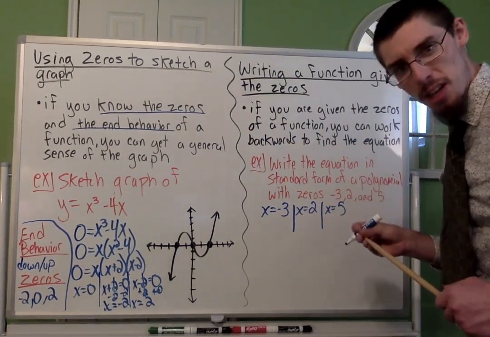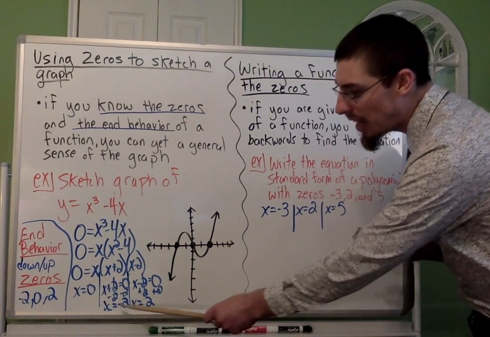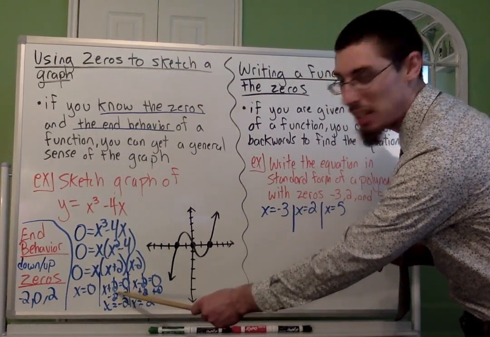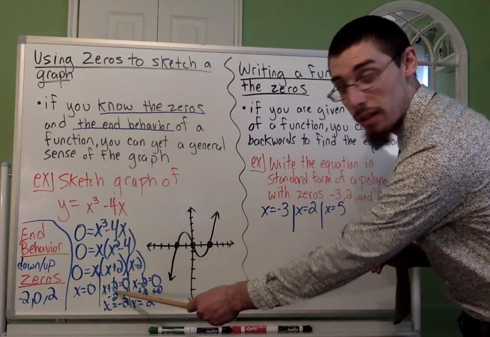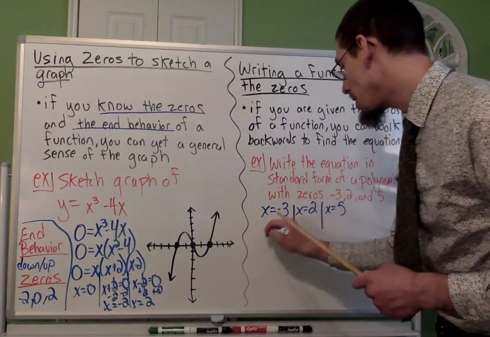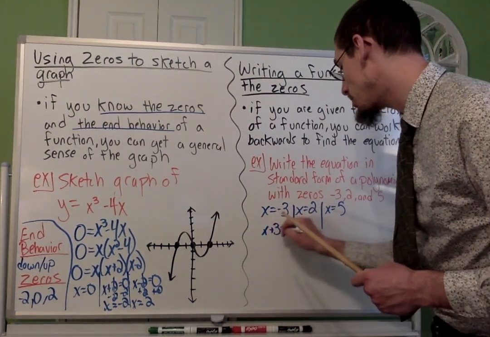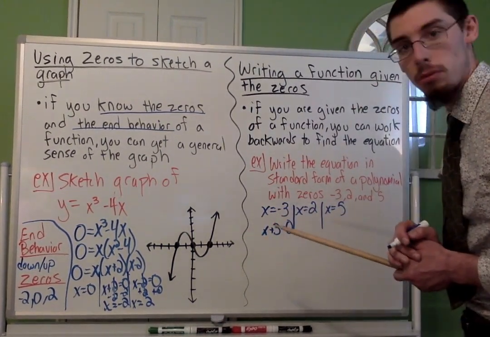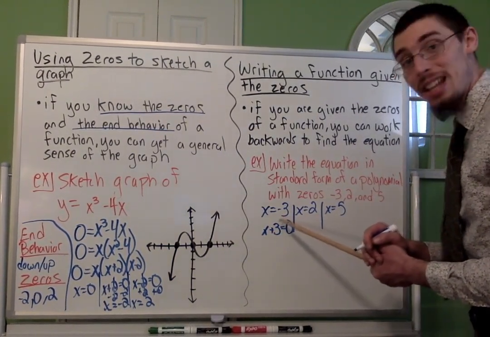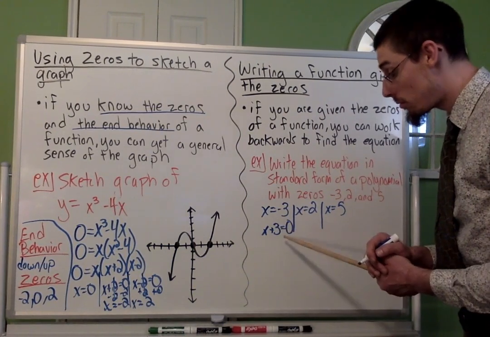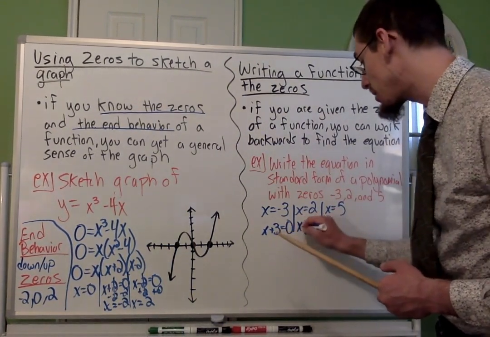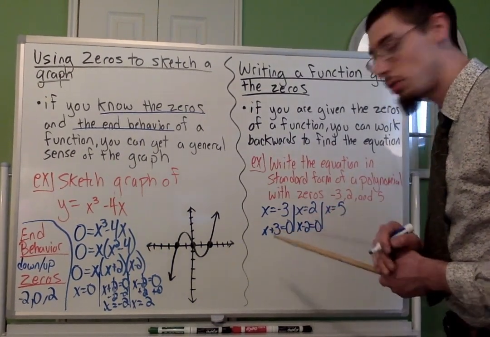And if you think about it, how did I get x equals -2? Because it was x plus 2, right? So how would I have x equals -3? It would have to be x plus 3 equals 0. Do you see that? Make it equal 0. If I make this one equal 0, it would be x minus 2 equals 0.